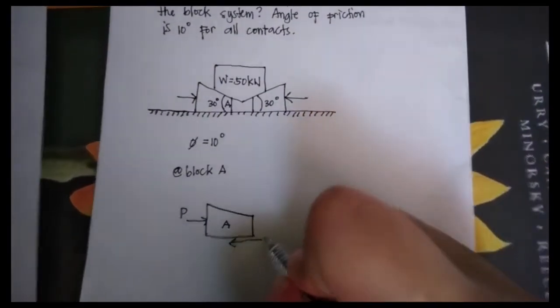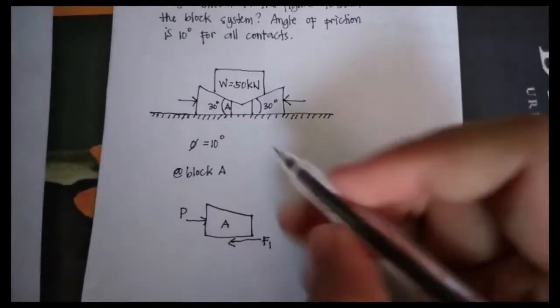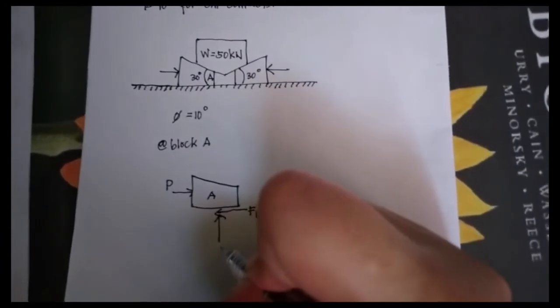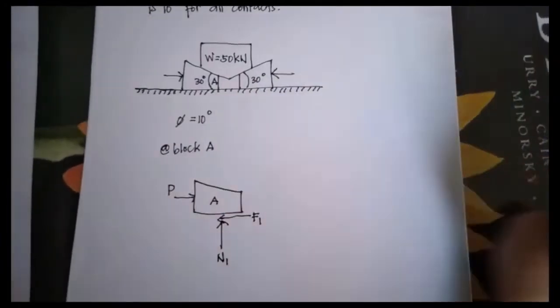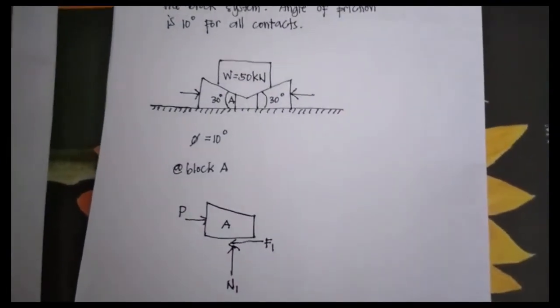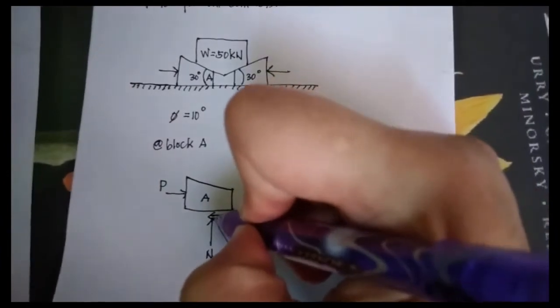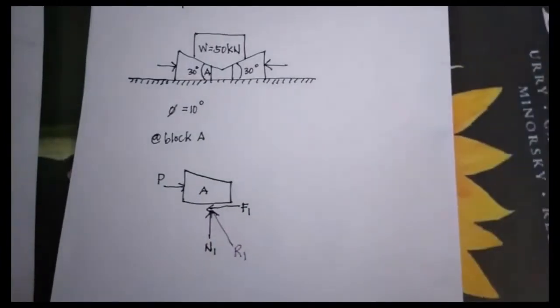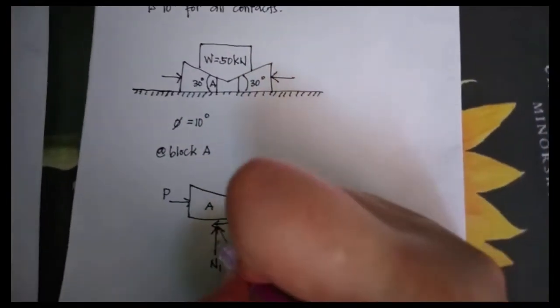So this will be our F sub 1, and our normal force right here will be N1. As we have F1 and N1, we will have a resultant here, R sub 1, with 10 degrees.